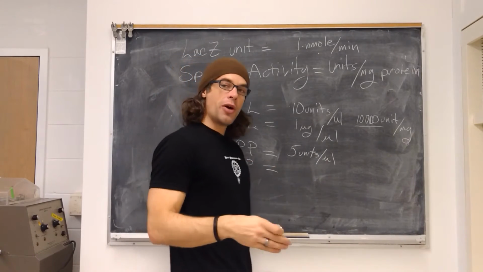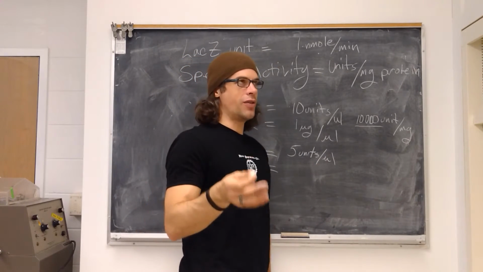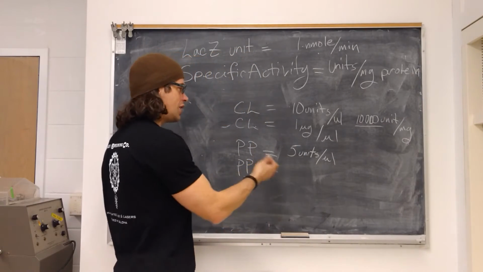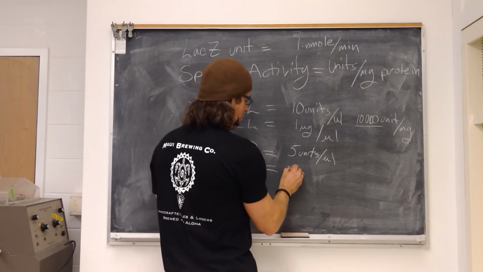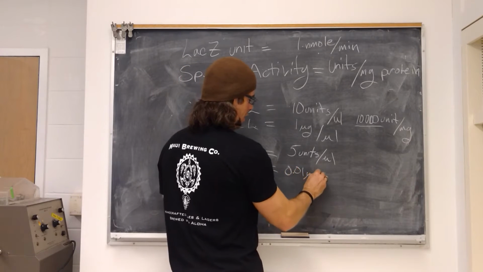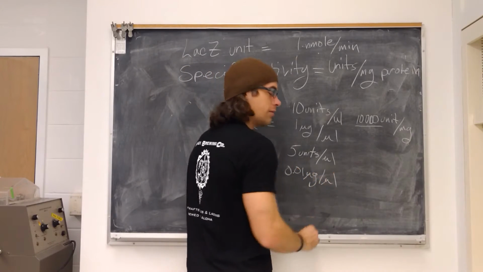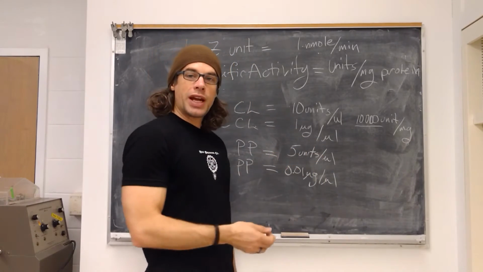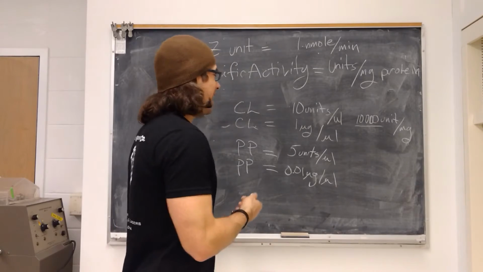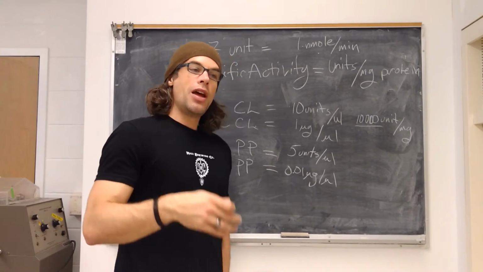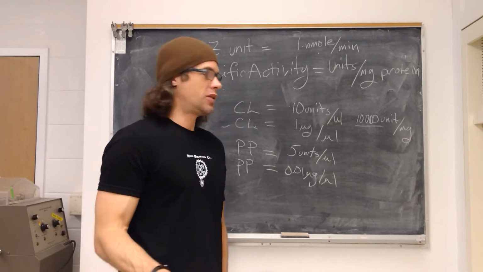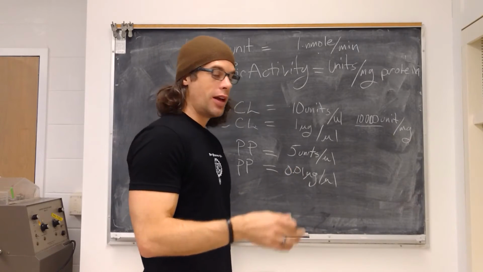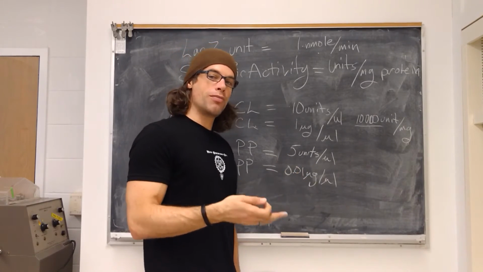From our Bradford and/or our UV spectrophotometer this week, you might determine that the amount of protein in your purified protein was 0.01 micrograms per microliter. And that's entirely possible. From there, we can get a specific activity for our purified protein. The higher the specific activity, the more pure that enzyme is. So, 5 divided by 0.01 is 500, times 1,000 to get the units per milligram.